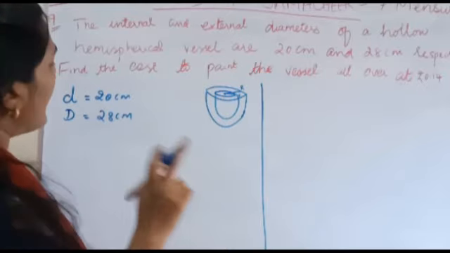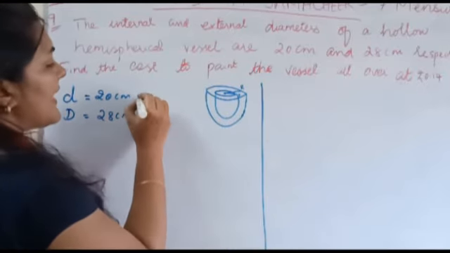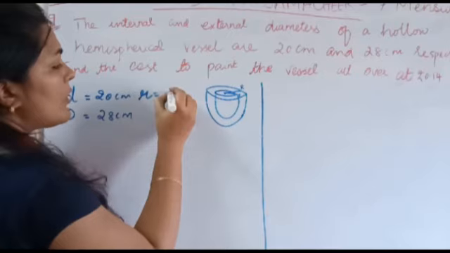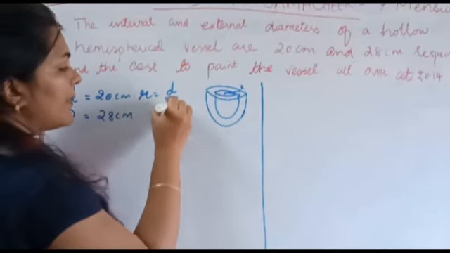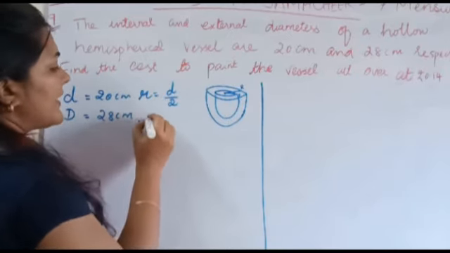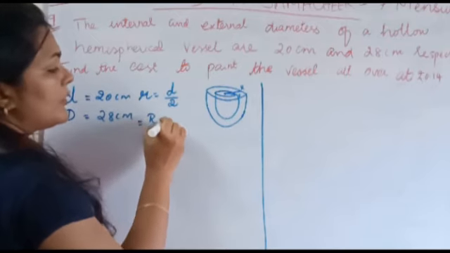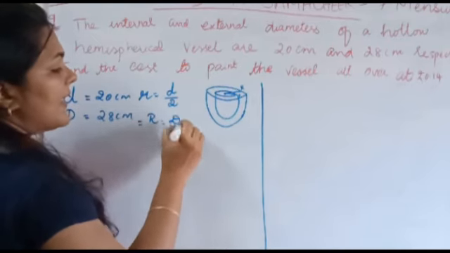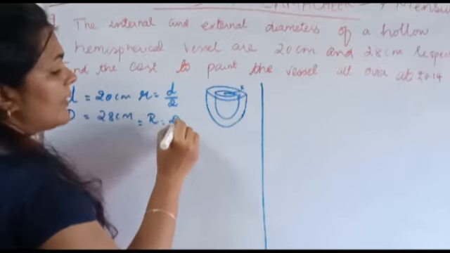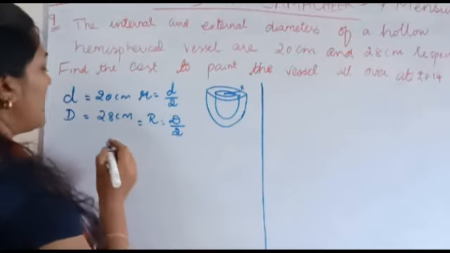We should find the radius. So radius small r is equal to diameter divided by 2. Like that, capital R is equal to the external diameter divided by 2.